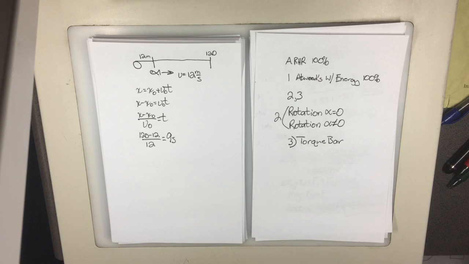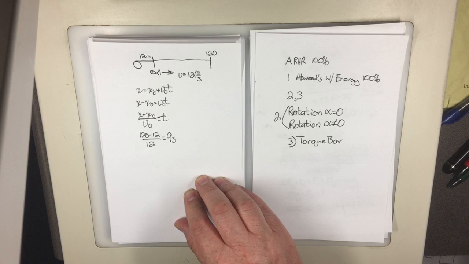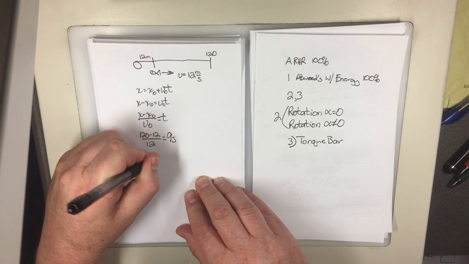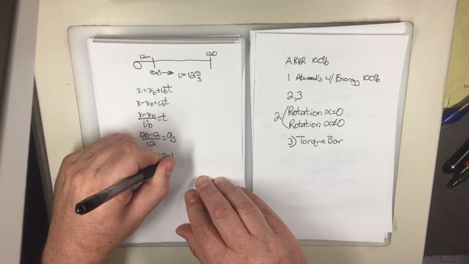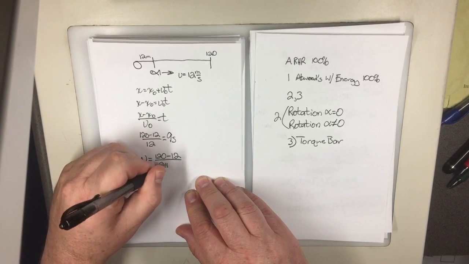How many revolutions did the spool make when it runs out of line? So, if 12 has been cast and it started with 120, you only got 108 meters of line. So the number of revolutions is 120 minus 12 divided by the circumference, 2 pi r.